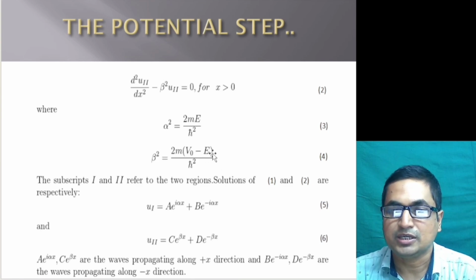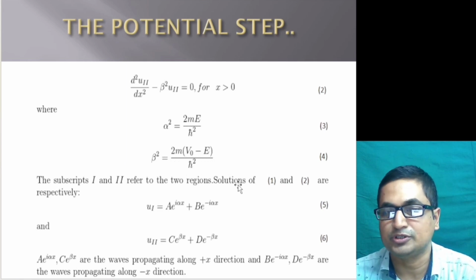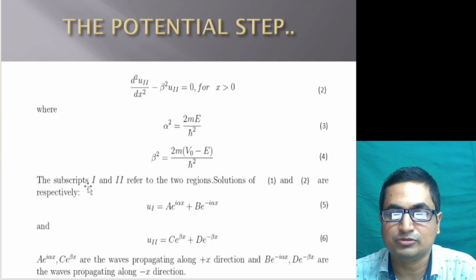If the case is E greater than V0, in that case we take E minus V0 for these coefficients, which will be clear later while discussing case number 2. Also, the subscripts 1 and 2 simply refer to regions 1 and 2.